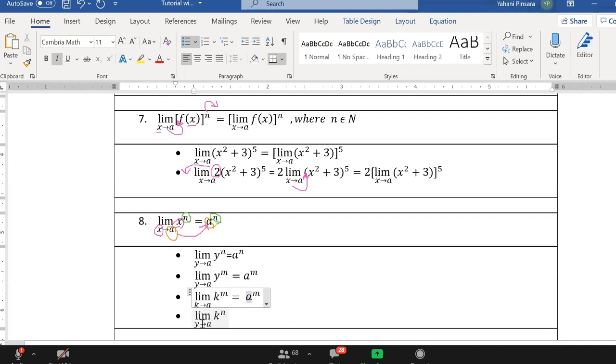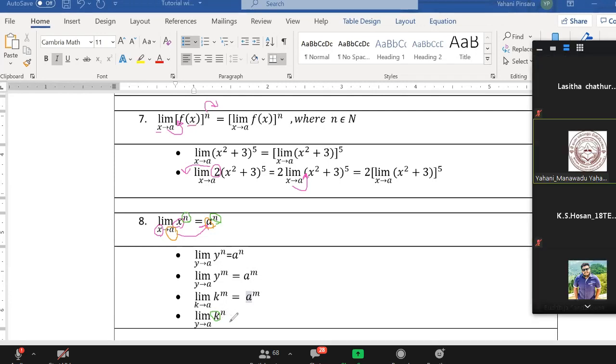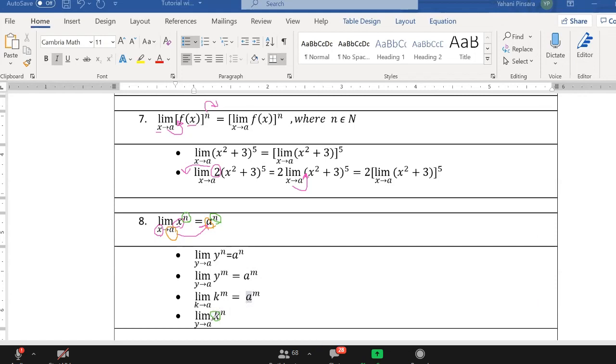Here, do we have y inside k? No, right? y is not there in k. So this k to the power n becomes a constant. Limit of a constant equals the constant.